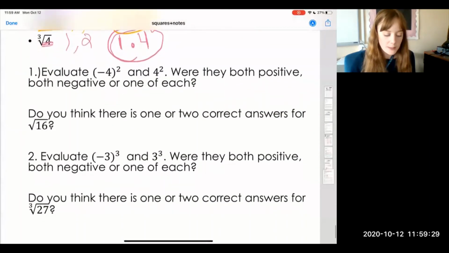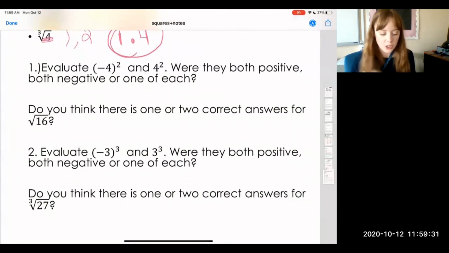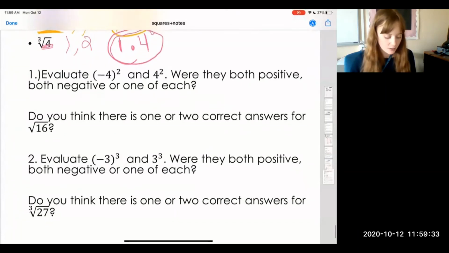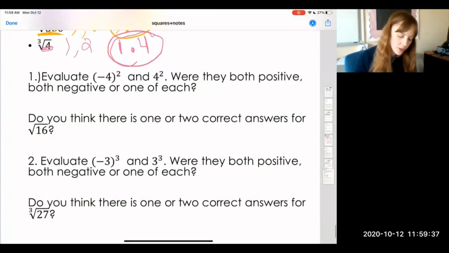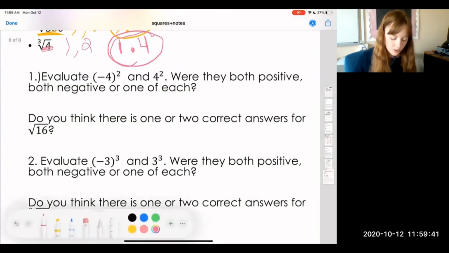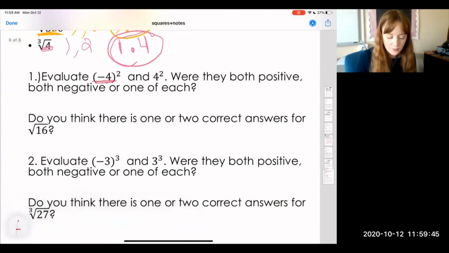We're going to talk a little bit more about the negative situations with cube roots versus square roots again. So this is the big difference between them. There's a couple things you'll need to understand. First, we want to evaluate -4 squared and 4 squared and decide if they're both positive, both negative, or one of each.